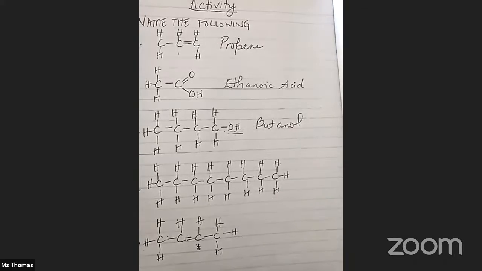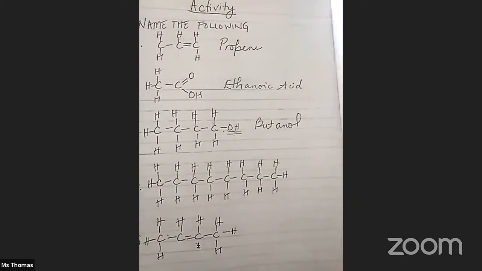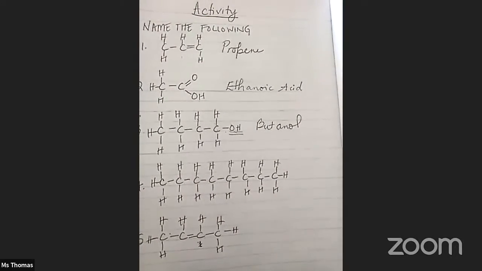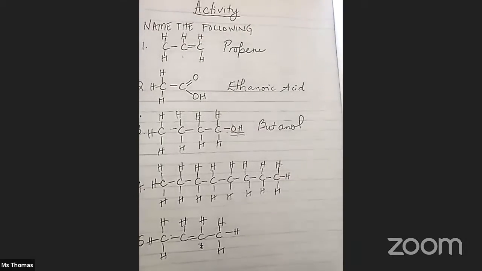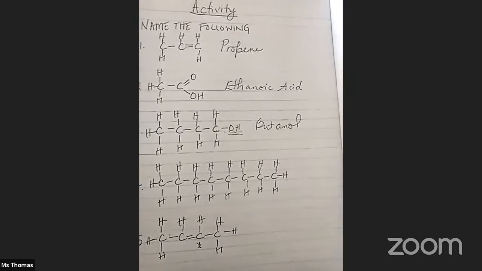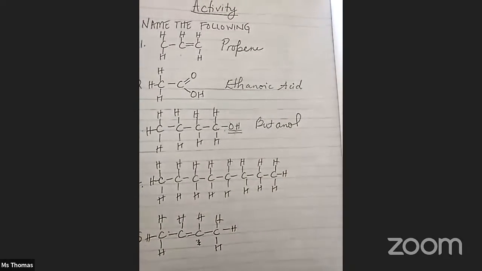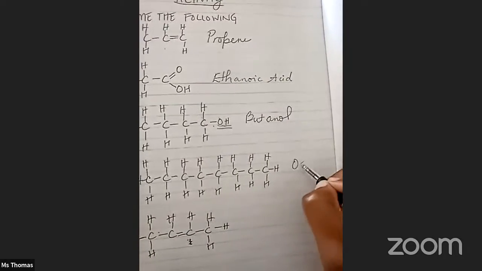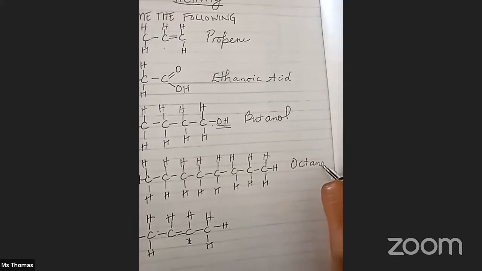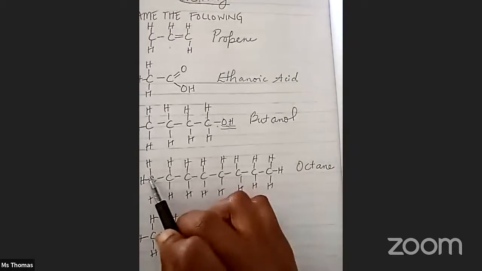Alkane. It doesn't have any double bond. It's an alkane. Very good. If it's an alkane and it has 8 carbons, what's the name? Octane. You ever hear about high octane? This is how it looks.